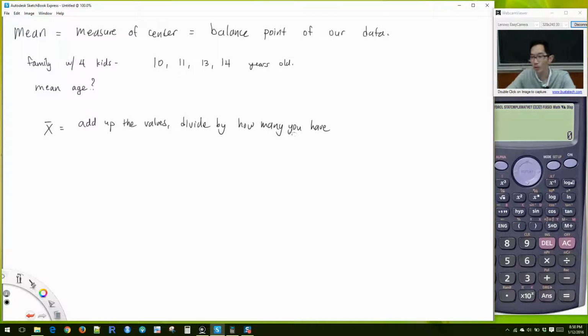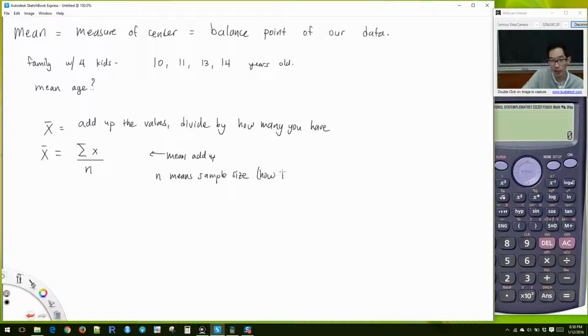We're familiar with this concept already, right? Symbolically, x bar is equal to the sum of x, which means add up, over n, a fraction, which basically means divide by n. And n means sample size, or how many numbers you have.